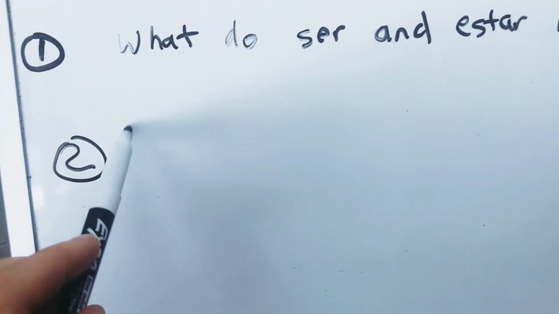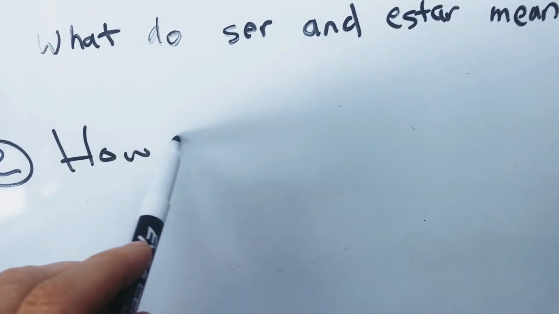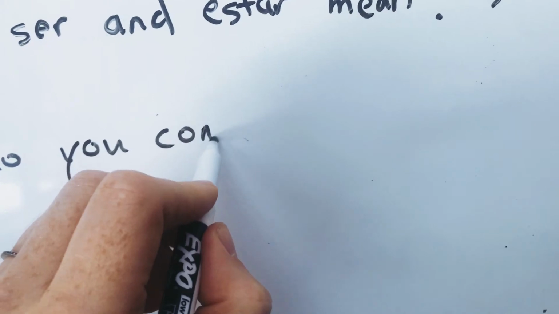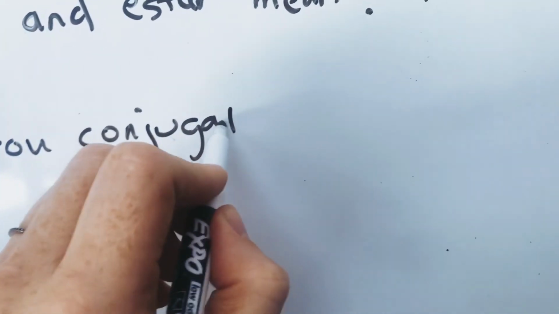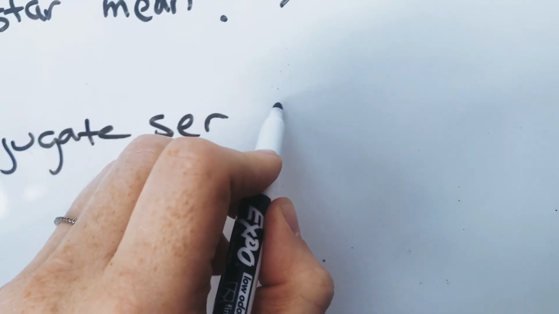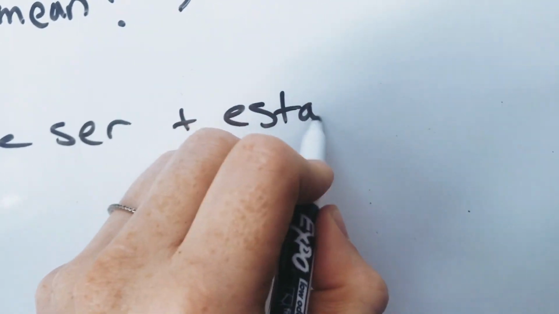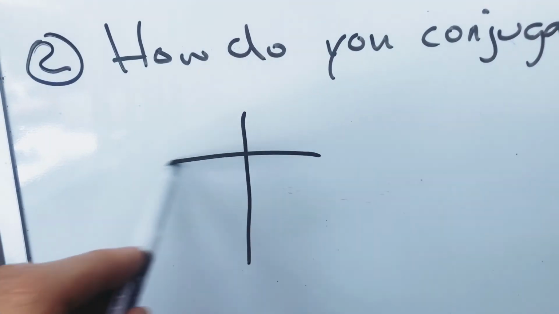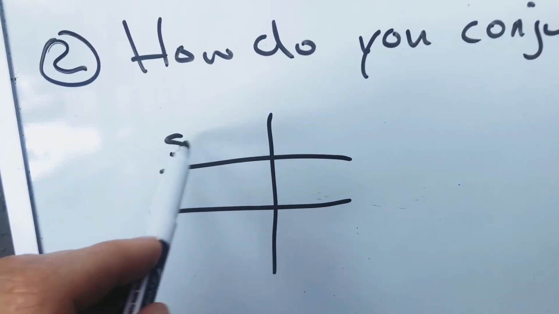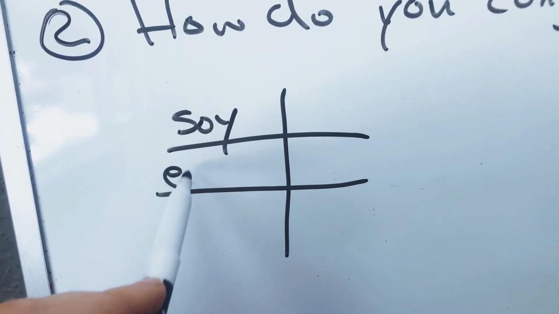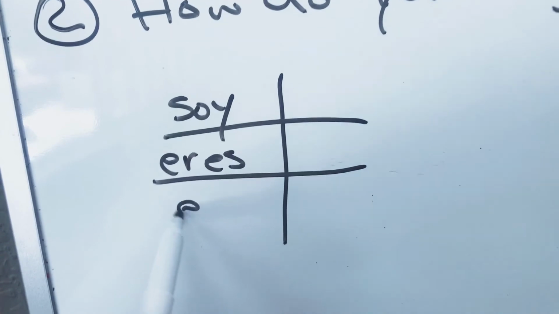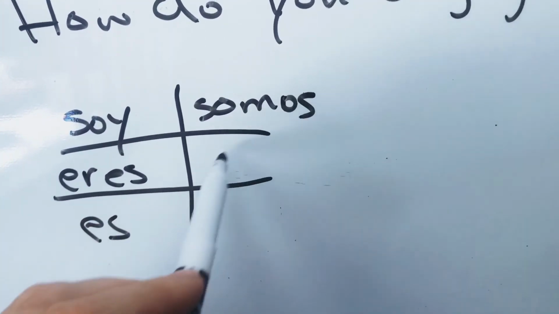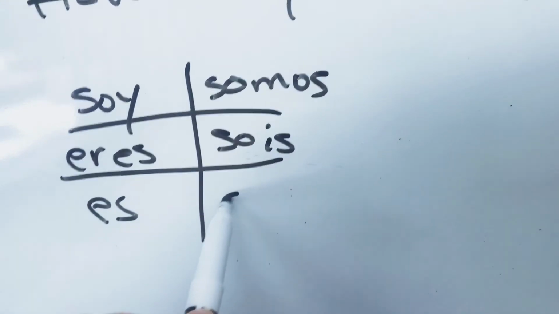Question number 2, how do you conjugate SER and ESTAR? Remembering our conjugation boxes. Go ahead and conjugate with me if you haven't taken notes yet. Soy, eres, es. Somos, sois, son.